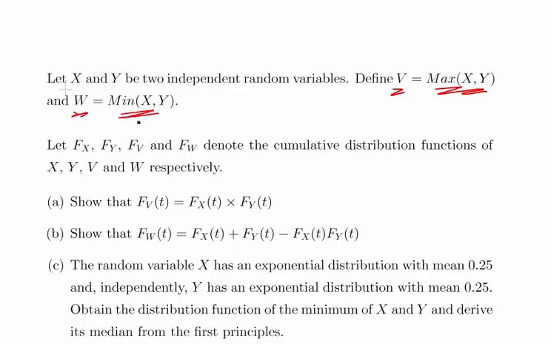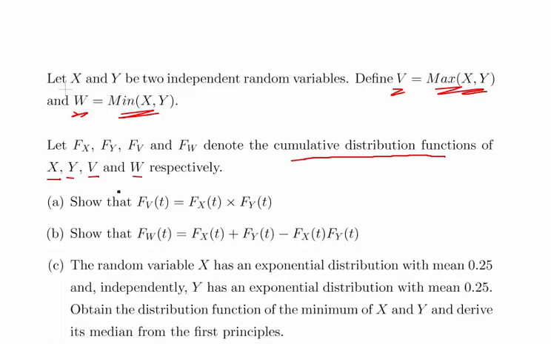And what we're going to do here is let capital F of x, F of y, F of v, and F of w denote the cumulative distribution functions of x, y, v the maximum, and w the minimum respectively.